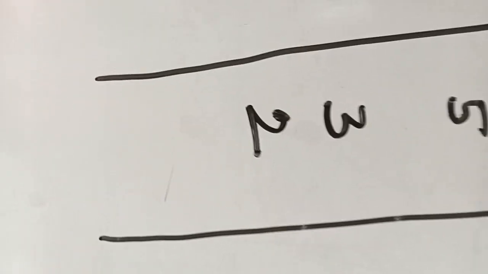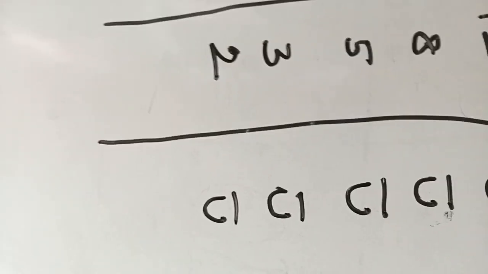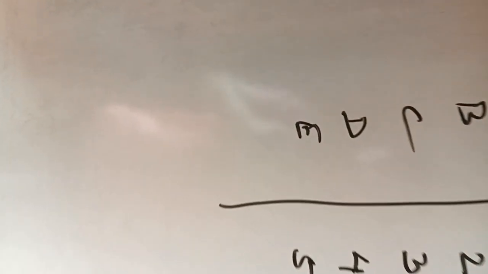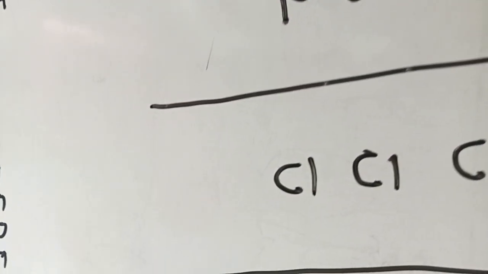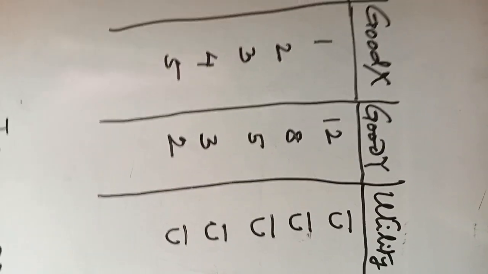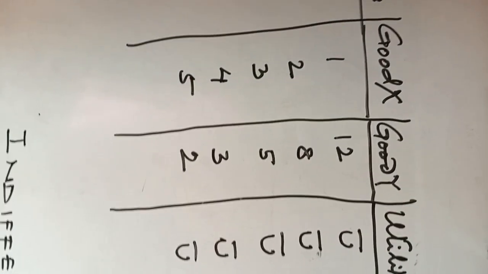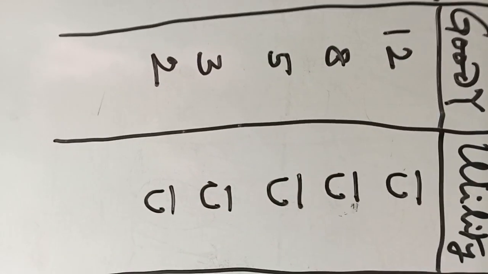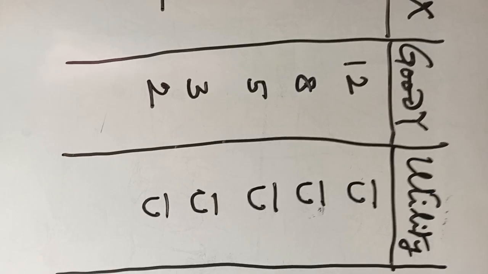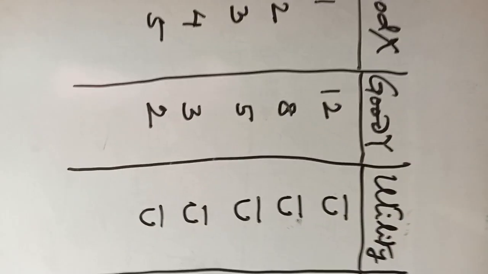It's 1 unit only. And in combination E, how much total utility? U bar. Now one thing you notice, in all the combinations A, B, C, D, E, the total utility is the same. U bar remains the same. That means equal utility received. I hope this is clear.